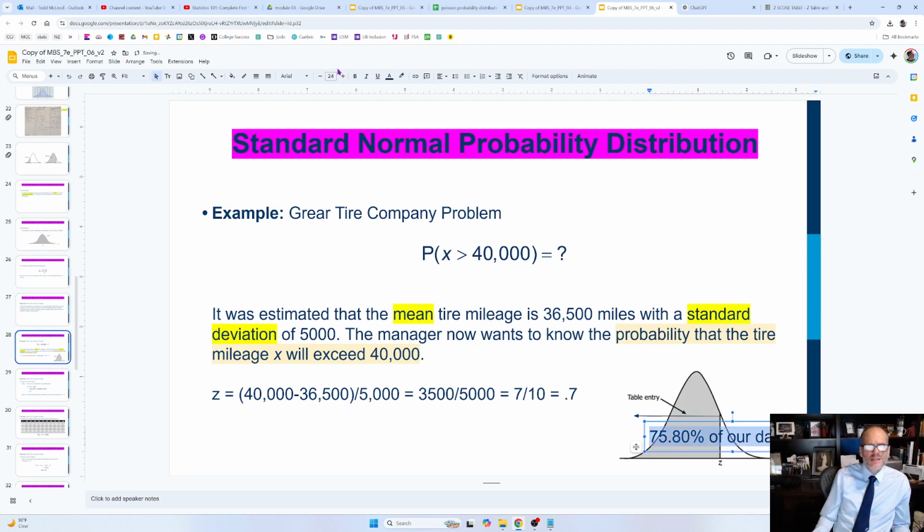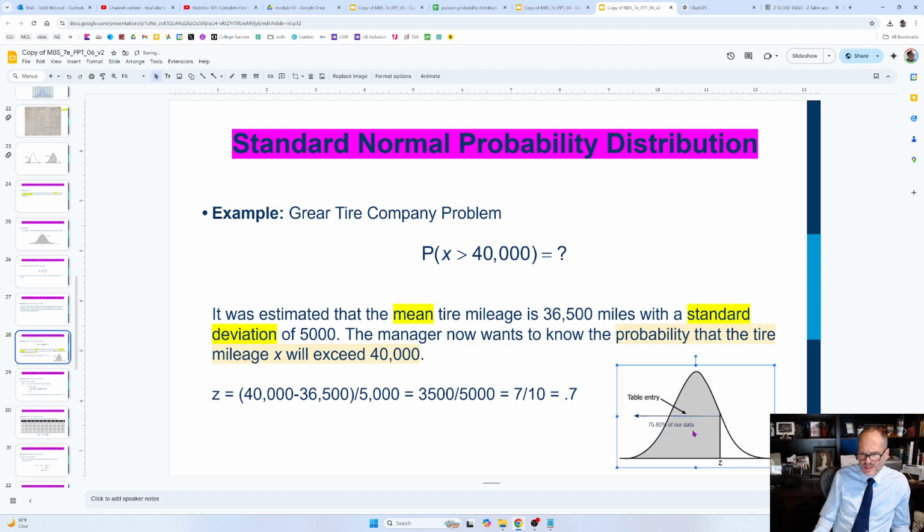I'll make that smaller and bring it in here. So 75.8% of our data is from here over, which means that going this way, I'll get my arrow and do it like this, we have, and I'll just copy this and put it here.